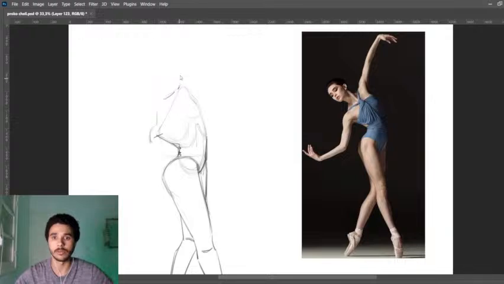Now we have this area right here, this sort of like blank almost. I think we can go higher with this one. Whoops.